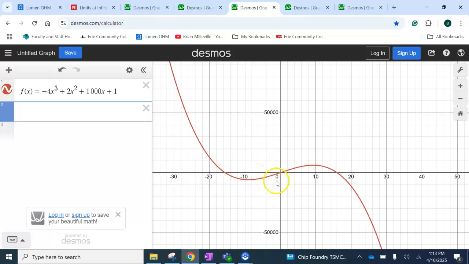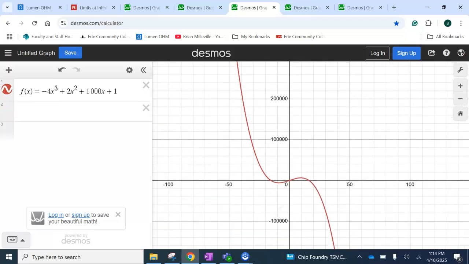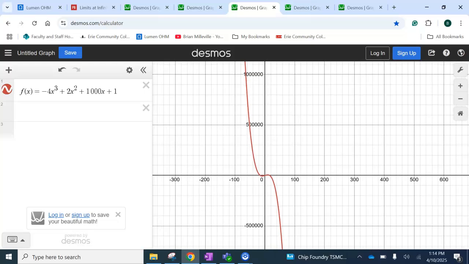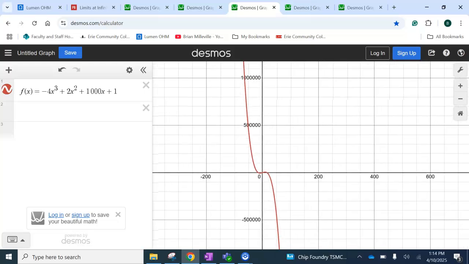If we zoom way out, and notice my scale on my x-axis does not match even close to my y-axis scale, this goes along with the idea that the end behavior will be dictated by the leading term. So if we zoom out far enough, it's going to look like negative 4x to the third power, and we can keep zooming out here, and it will look more and more like negative 4x to the third.